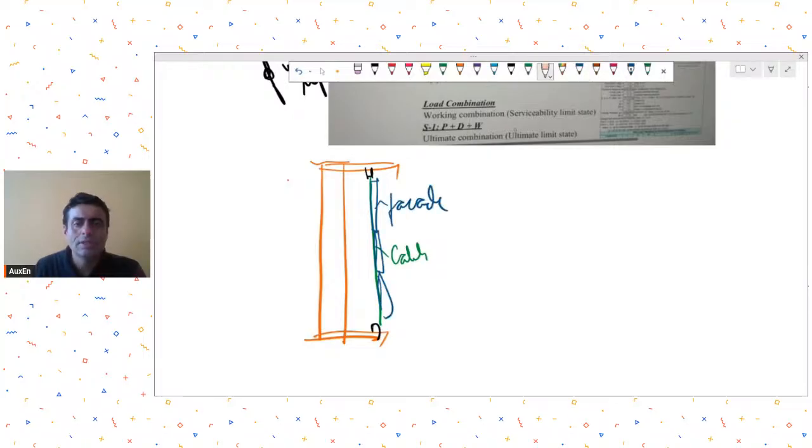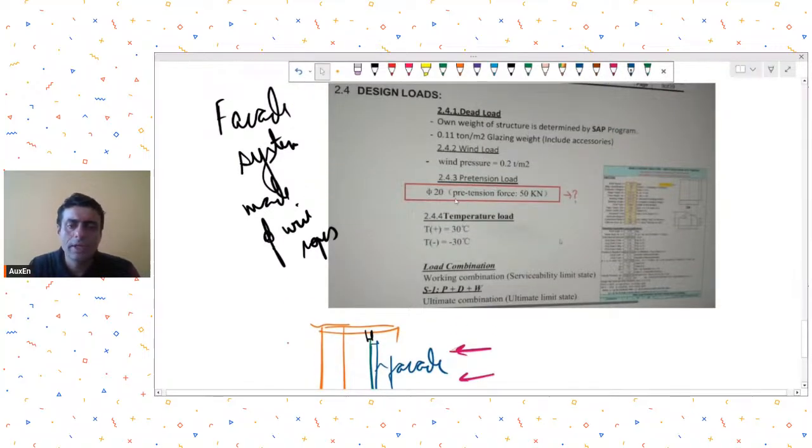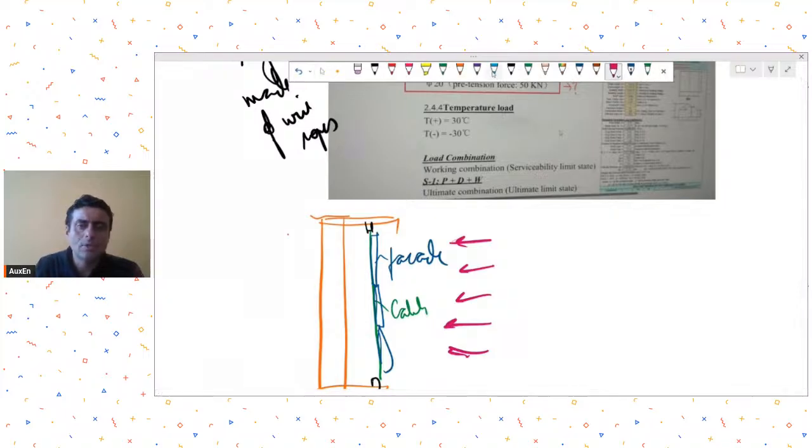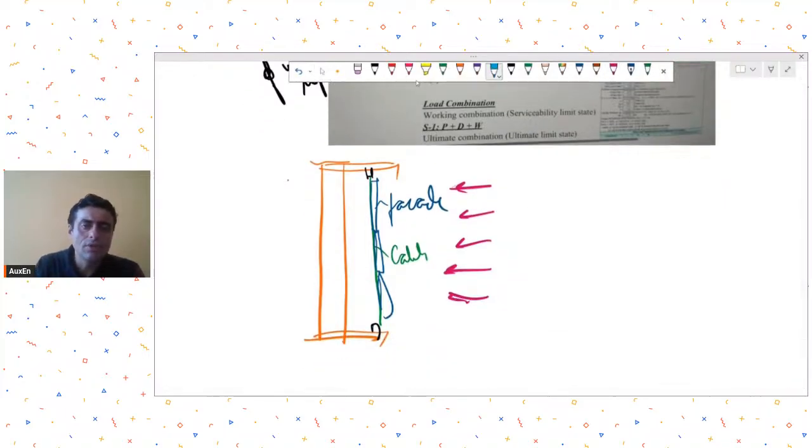So this will resist the wind forces or whatever is expected to be taken. So his question was, how do we decide this pre-tension force? Pre-tension force means by how much force you need to tighten your cable with. Now, why would we need to put a pre-tension force in the cable?